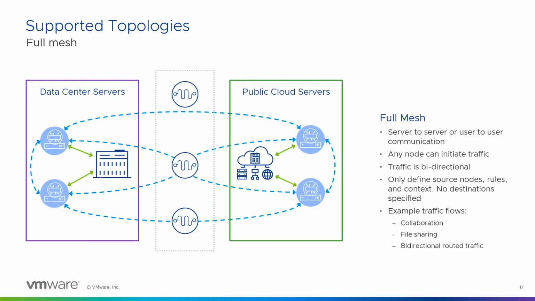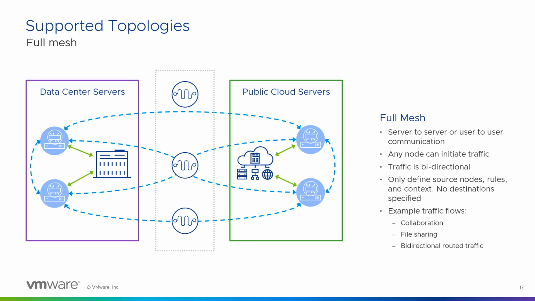Then finally, we have the full mesh connectivity. There are a lot of scenarios where you need communication between all of the devices or all of the users. For example, you want all of your users within your enterprise to be able to communicate with each other. That is when you create the server-to-server connection, or the full mesh connection, right?